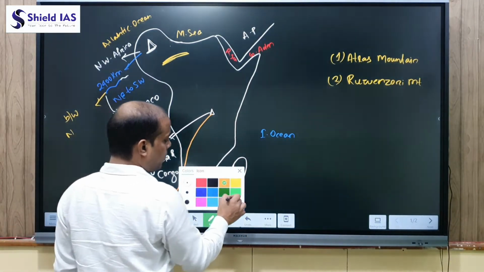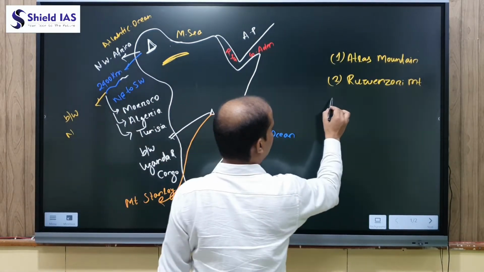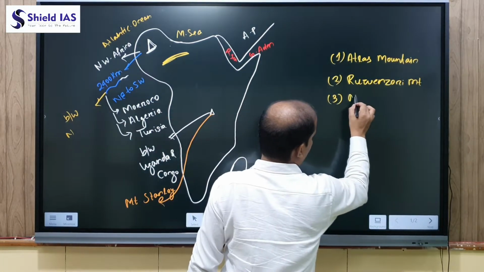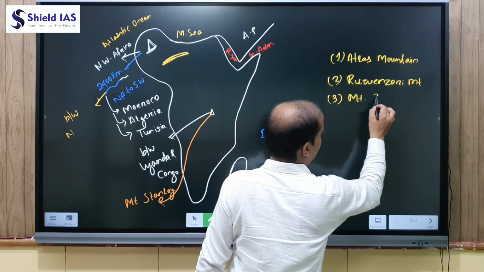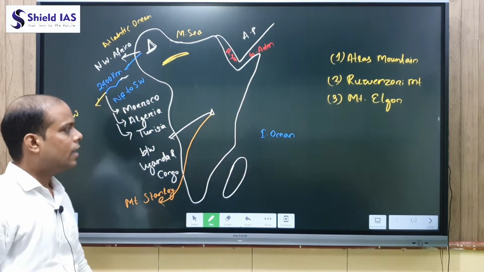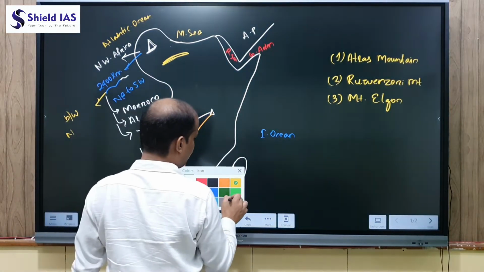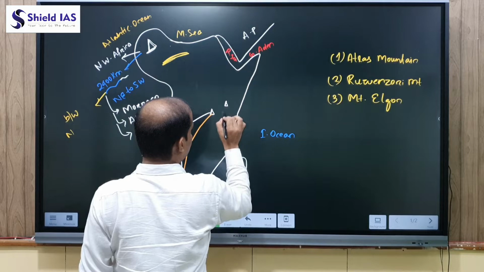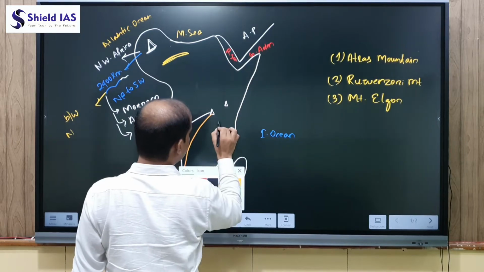And the third mountain in the Africa continent which is also important is known as Mount Elgon. Mount Elgon is situated just northeast of Lake Victoria. So here is Lake Victoria.